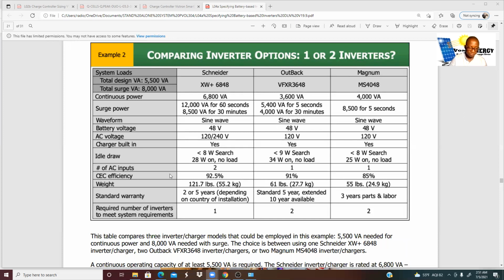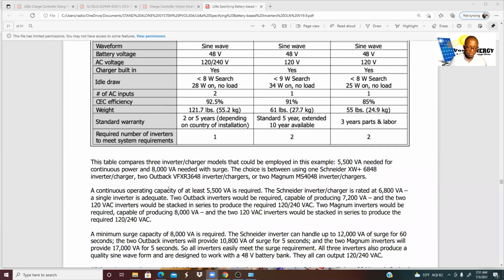All right. This table compares three inverter charger models that could be employed in this example. 5,000 watts VA needed for continuous power and 8,000 watts VA needed with surge.